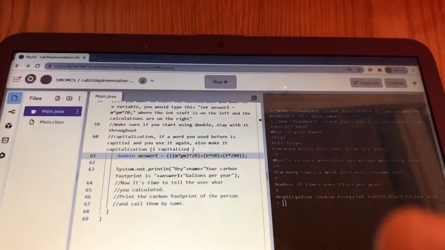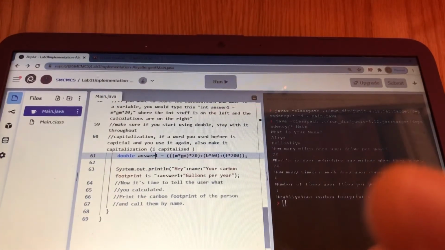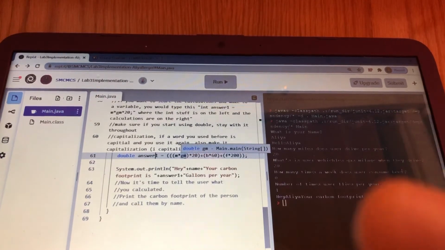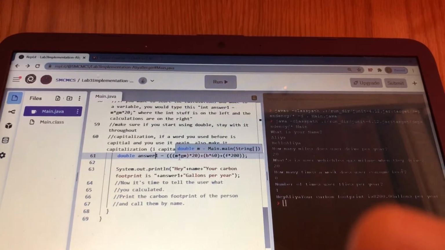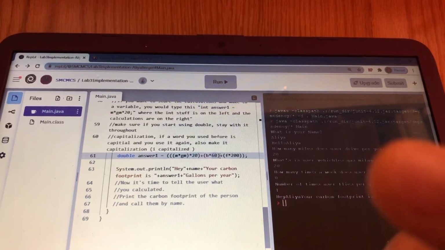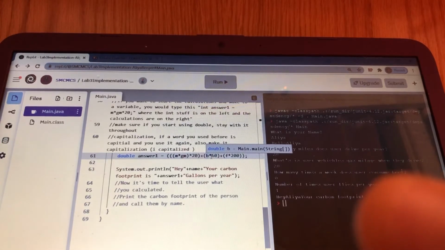So you take the total amount of miles they drive times their vehicle's gas mileage, which is stored as gm, and then you take that, their total miles, times 20. And then we are going to add to that b times 60. So b is the number of times the user eats beef, multiplied by 60.